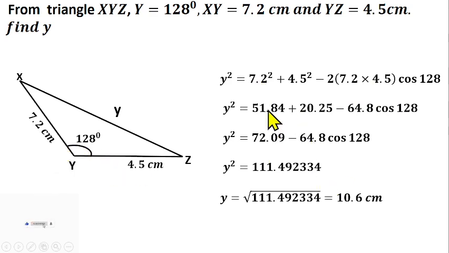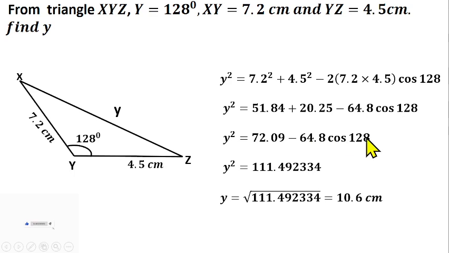So we have 2 times 7.2 times 4.5 cos 128. If you square this, 51.84, and square this, 20.25, then multiply 2 times 7.2 times 4.5, that gives us 64.8 cos 128. This plus this will give us 72.09 minus 64.8 cos 128. The calculator will do the rest for you.